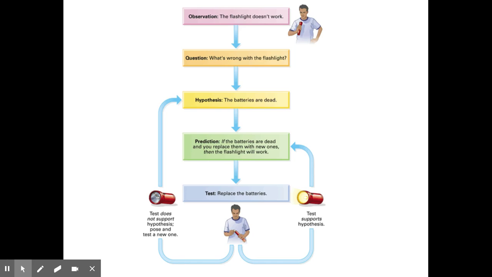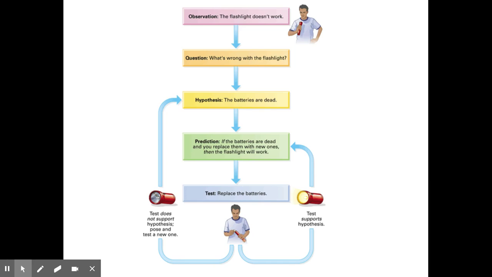Now, we mentioned this if-then statement. The if-then statement would be, if the batteries are dead and you replace them with new ones, then the flashlight will work. So this is what we're going to test.